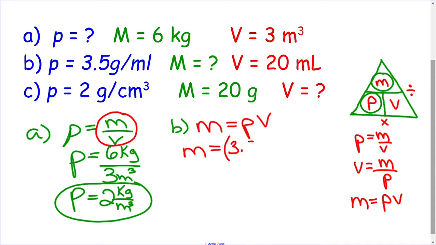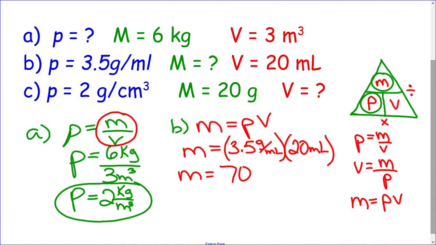So 3.5 grams per milliliter, and the volume of this thing is 20 milliliters. 3.5 times 20 gives me 70.